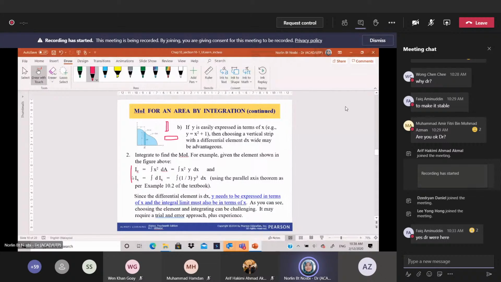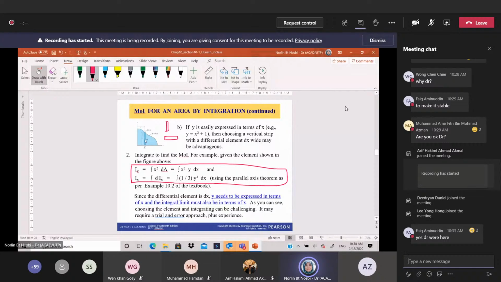Okay, this one I showed you before. Later, if the question already gives you the shape of the strip, vertical or horizontal, then you have to use the strip shape.